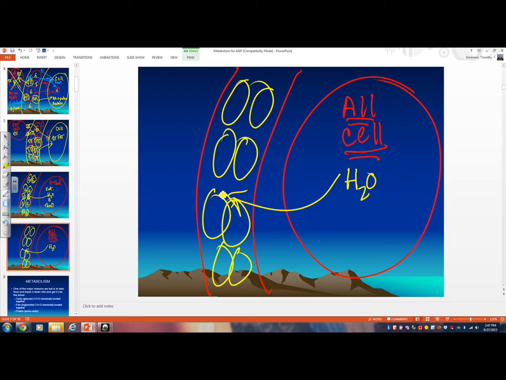The result is that you will add water to your bloodstream, and anytime you increase your blood volume, you increase your blood pressure. When you increase your blood pressure, for whatever reason, it makes you pee more. So that's why they pee a lot.